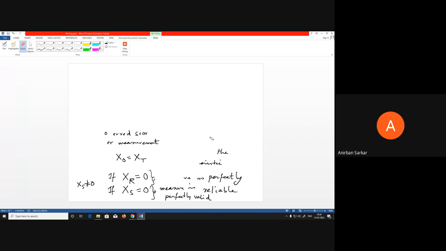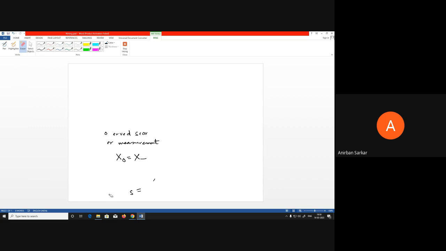I have tried to cover the concepts of reliability and validity, but due to paucity of time, I will not be able to show you hands-on how to measure reliability and validity with the help of software. It will be a different session altogether. It should be a hands-on session. At any point of time, if I get any chance, I will do that. But today it was a theoretical construct, and I have tried to make you understand these concepts.